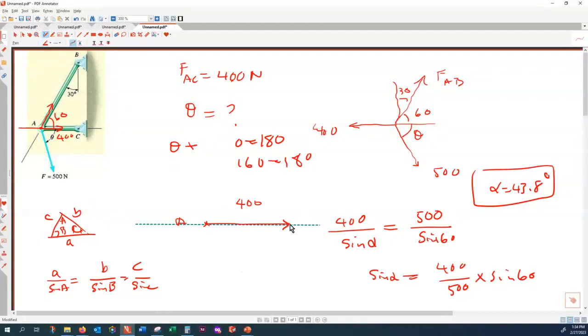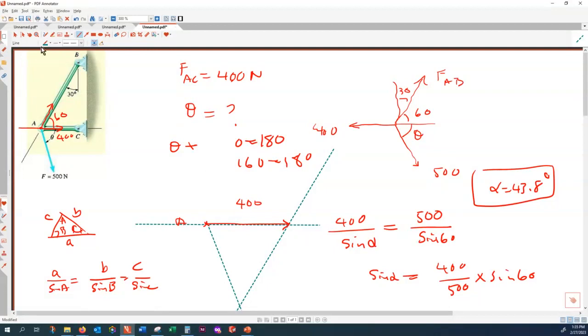And then from the end of this one, I draw a line parallel to this one. I know that this is parallel to that one, should pass through here because my triangle closes. So from this line, I draw parallel to that. Okay? So this is 400.